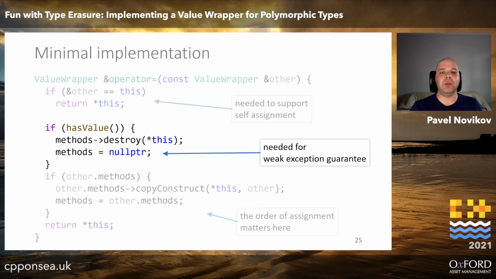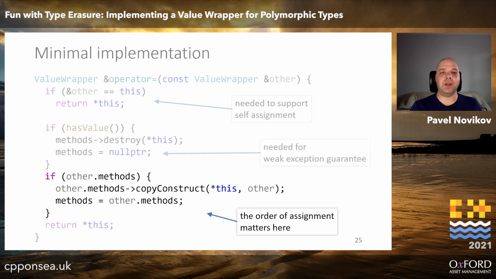This is needed to guarantee at least a weak exception guarantee. So in case the constructor throws, we are not left with the methods pointing to some random inconsistent table.